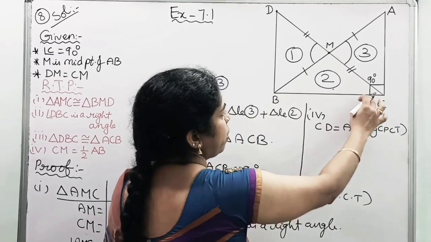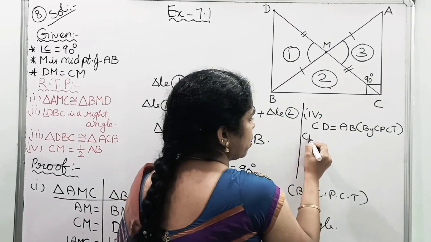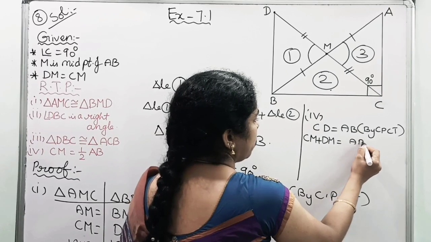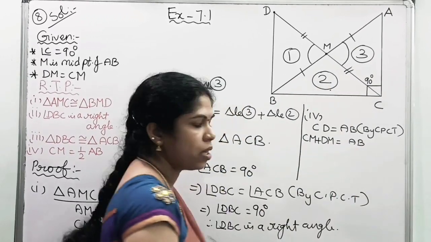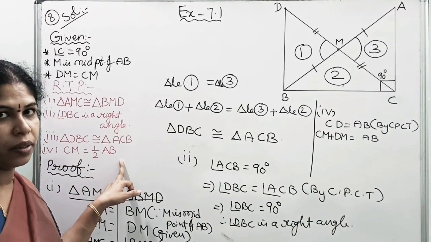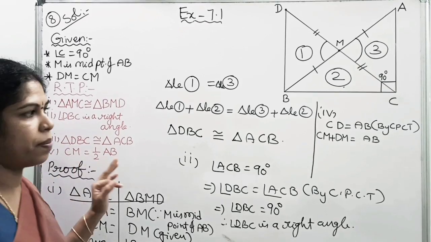Then CD you can write as CM plus DM. CM plus DM is equal to AB. AB we are not going to write as a combination of any of the parts because they asked in the sum to remain AB only. But this part they asked us to prove it as CM.